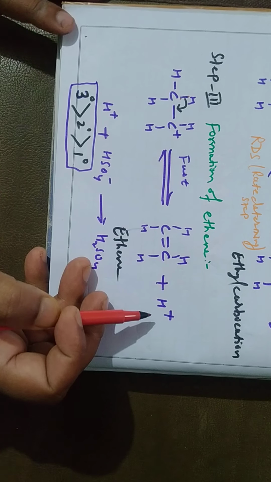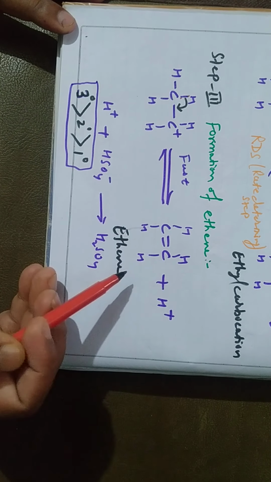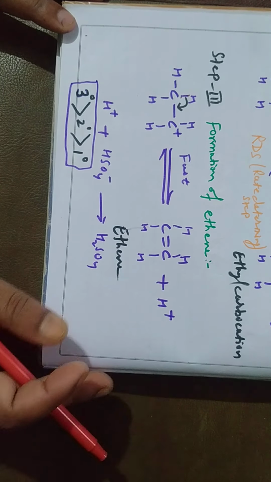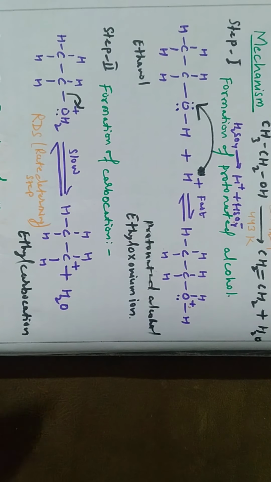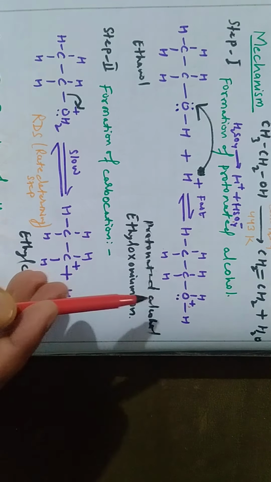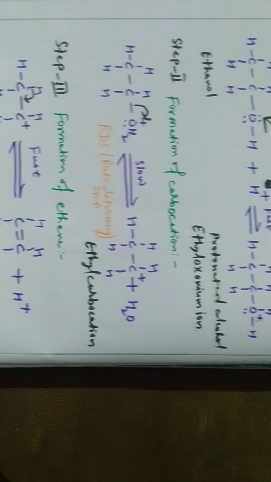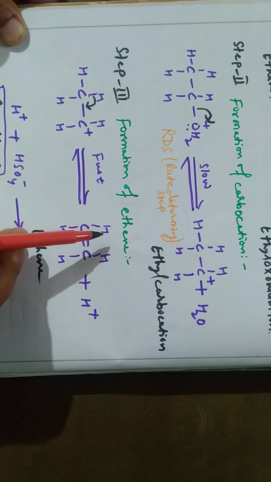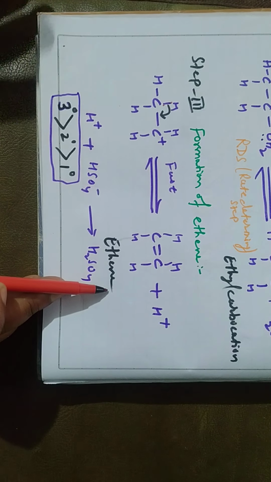Now here we have seen that from alcohol to alkene, 3 steps occur. The first step was formation of protonated alcohol. You can see here protonated alcohol formed. In step 2, carbocation is formed, and in step 3, ethene is formed, alkene is formed.